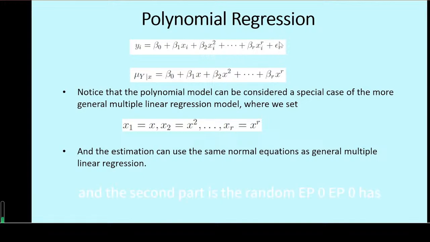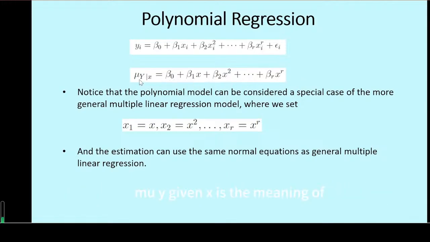And the second part is the random term, epsilon. Epsilon is assumed to have the same variance for different values of x. And this is the fitted model, with no epsilon.